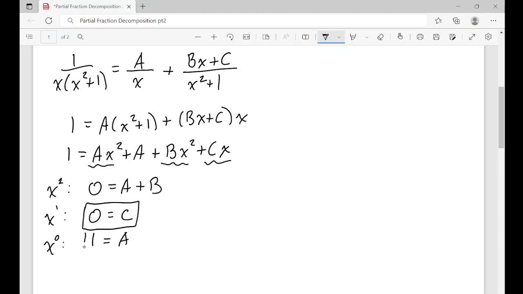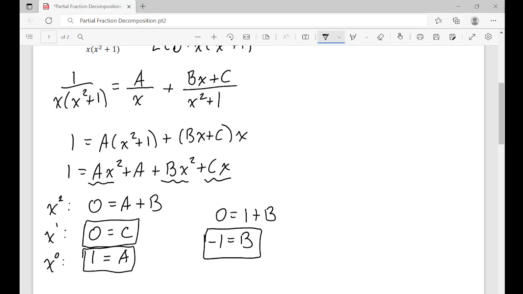So right off the bat, a and c have already been figured out. So now all I gotta do is figure out b. So I can take what a is into this equation and solve. So I'm going to get 0 equals 1 plus b. And then solve for b, I'm going to get negative 1. So now I have a, b, and c. So I'm going to go back up here and replace a, b, and c with what I know they are.